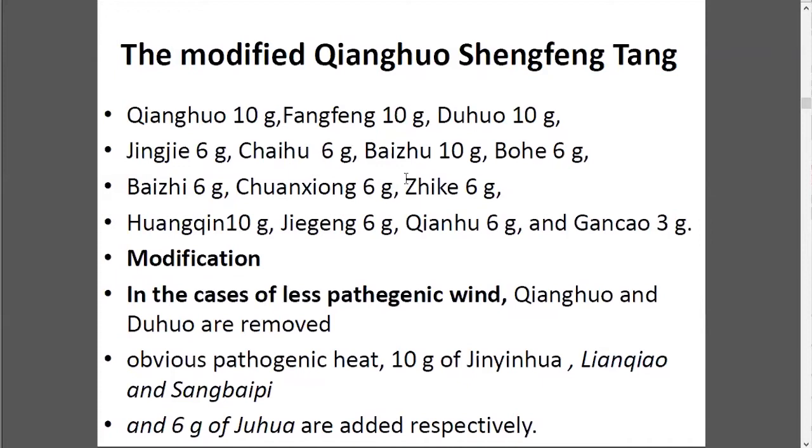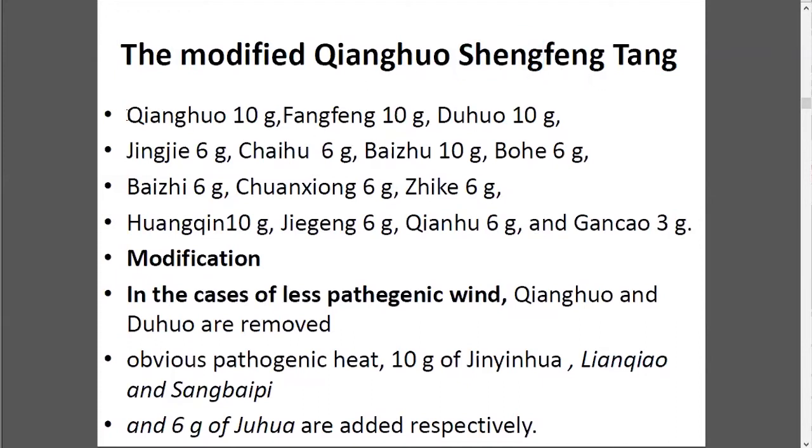And we need some herbs that go directly to the eyes, and some herbs that clear heat. So that's the modified 天活圣风堂 here. 风 is wind, and 圣 is like dispersing wind.